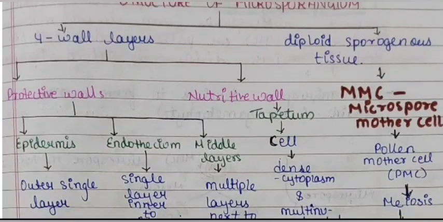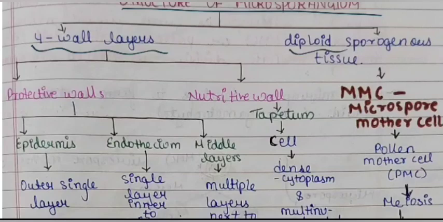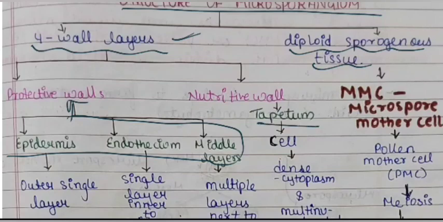Now let's take a look at the structure of the microsporangium, which consists of 4 walls and diploid sporogenous tissue. Out of these 4 walls, 3 walls are protective walls, and the fourth one, that is the tapetum, is the nutritive wall. So the epidermis, endothecium and middle layers are the protective walls. The epidermis and endothecium are single layered, and the middle layers are multilayered, just next to the endothecium.